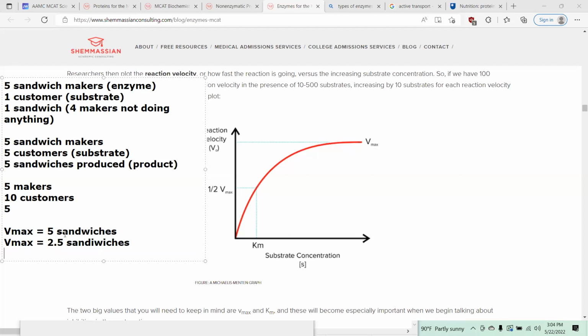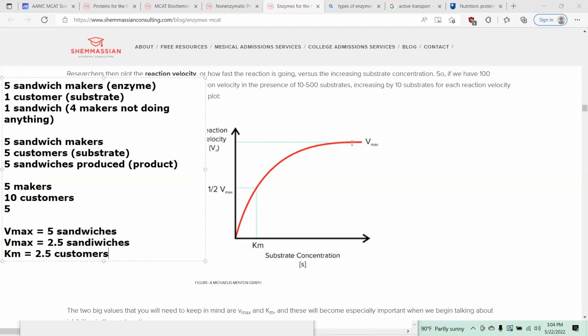So now, how many customers would there be if we were making 2.5 sandwiches? Yes, 2.5 customers, right? And that's what we call Km. Km is defined as the substrate at 1/2 Vmax.